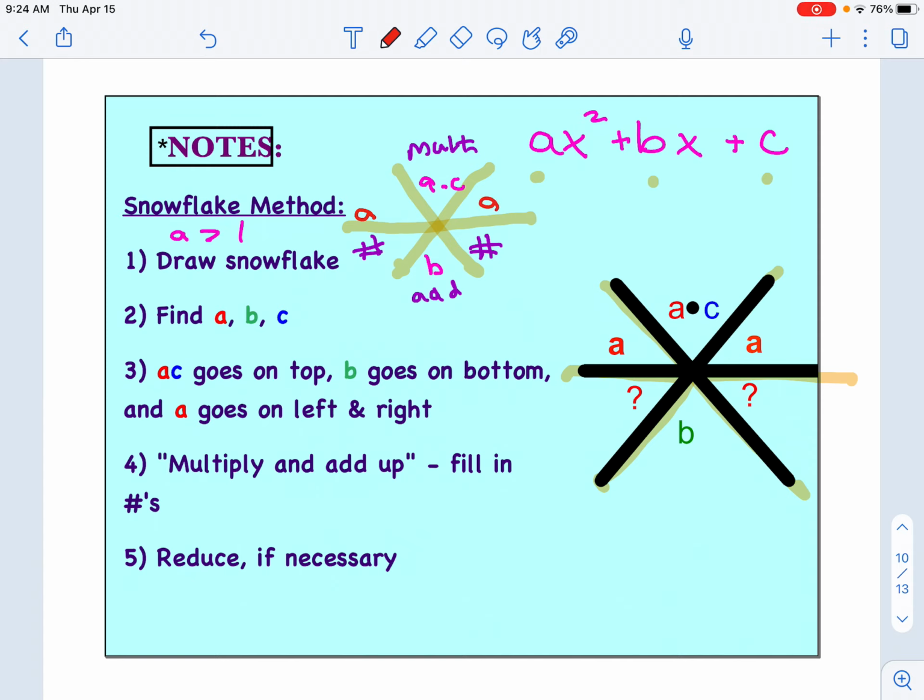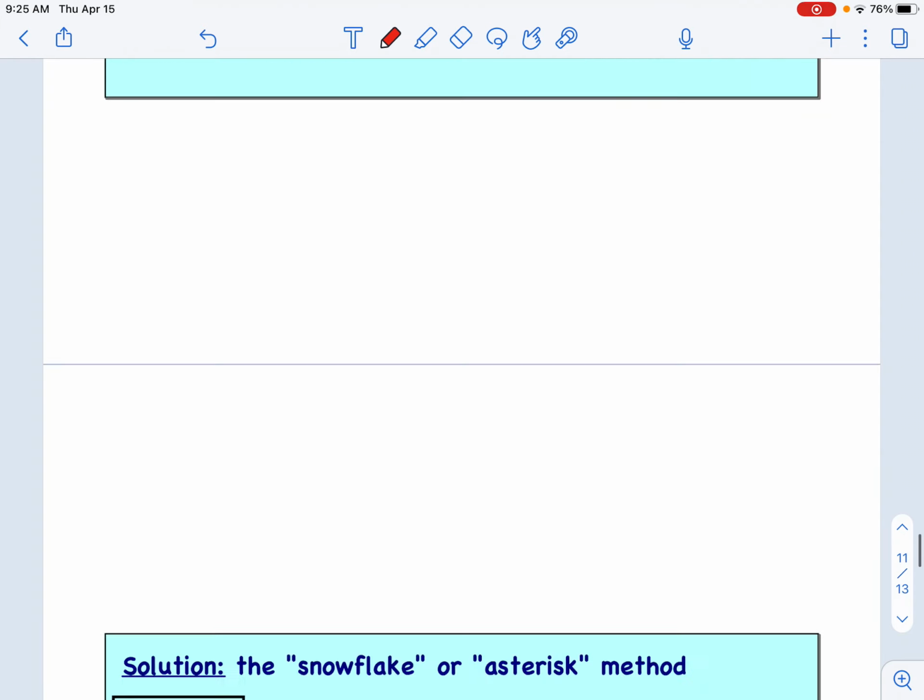Then you look at this piece and this piece as a fraction. You reduce it if you can, and if not, those are what go in your parentheses. Your reduced fraction, so your numbers end up here after you reduce, and your A value after you reduce ends up here with the appropriate pluses or minuses.